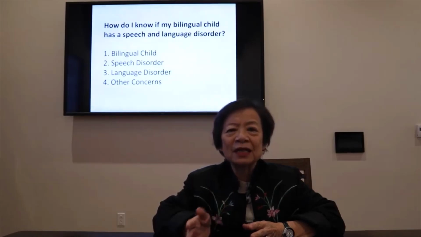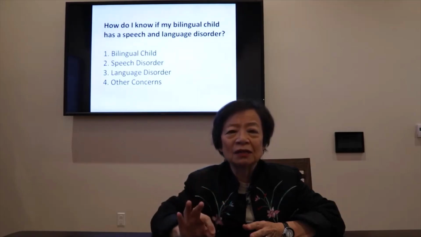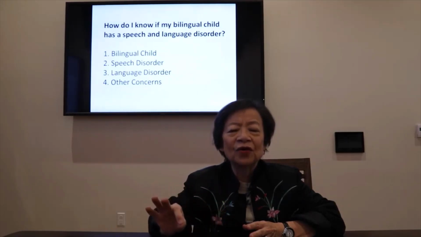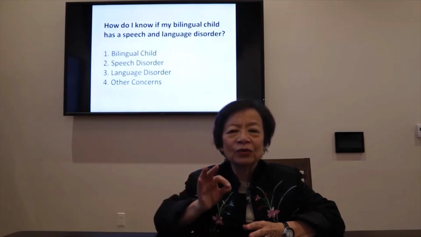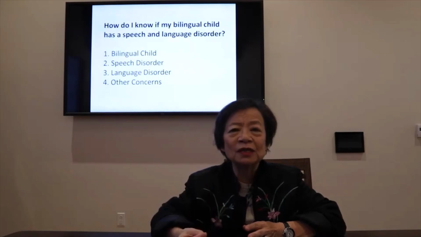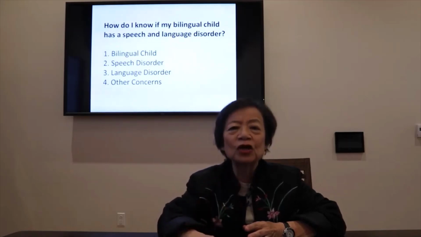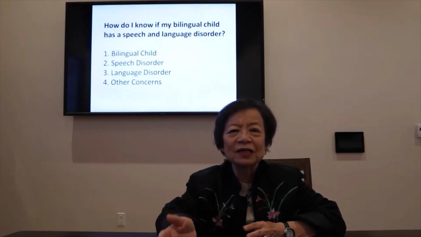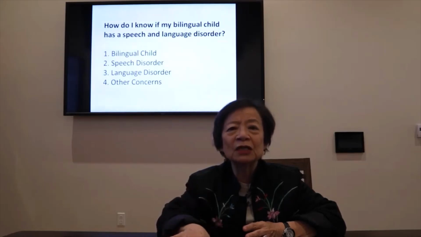That means the sound of g is replaced by the sound t, t for k, and we also call it fronting. That means the front part of the tongue is being used, or the front of the mouth is being used. So if we're looking for 裤子 and the child says 兔子, that's a substitution.